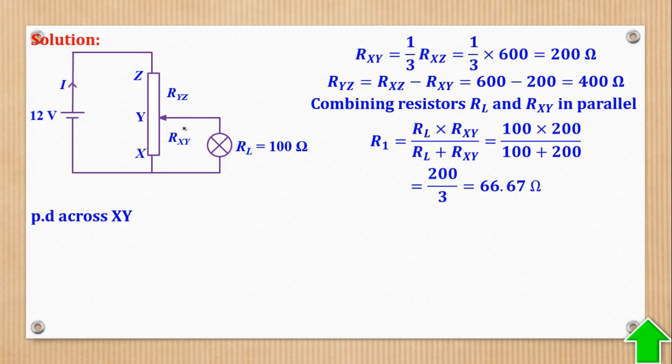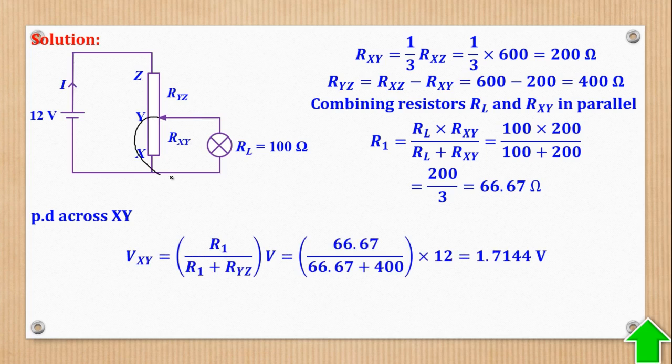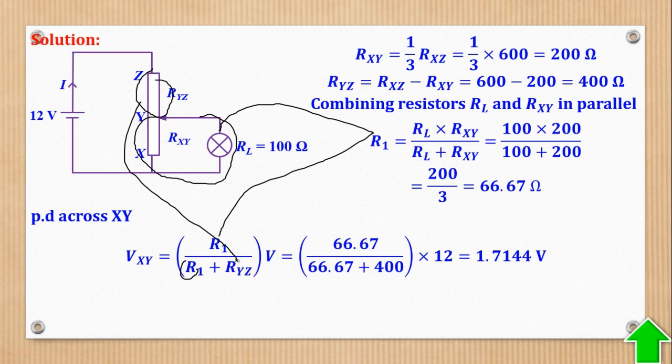But since we are using the potential divider rule, we can easily get the PD, because when they're in series, that's when you can use the potential divider rule. Therefore PD across XY will be this total resistance, which you have got as R1, over that very resistance plus the resistance in series. So that is the potential divider rule.